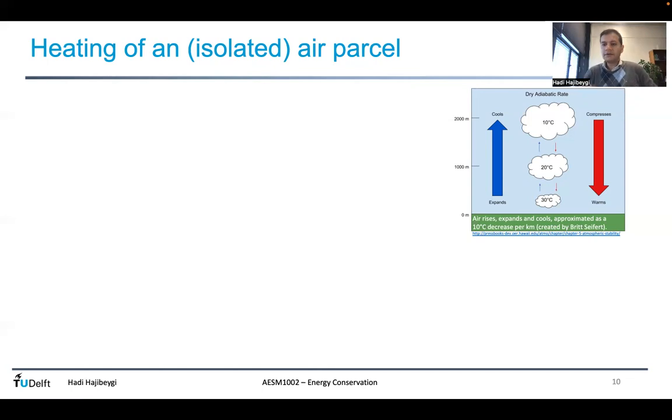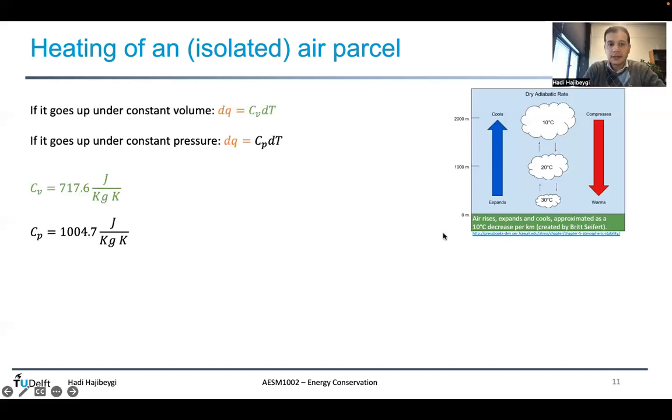So if this parcel goes high or comes to lower elevations through a constant volume process, its dQ, the heat added to it or heat exchange in that system, would be Cv dT.